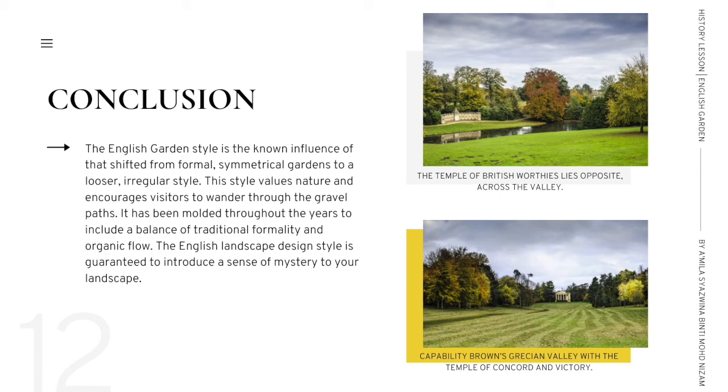The English landscape design also introduces a sense of mystery to our landscape. In this picture, this is an example of an English garden with the Temple of British Worthies, and also the Capability Brown Grecian Valley at the Temple of Concord and Victory.